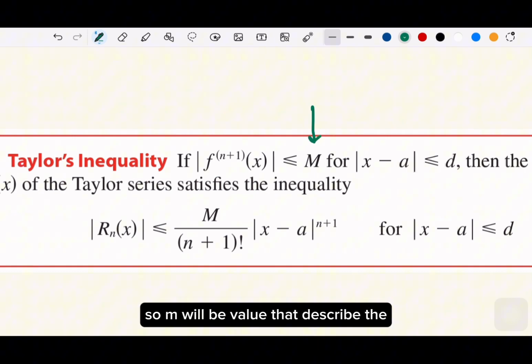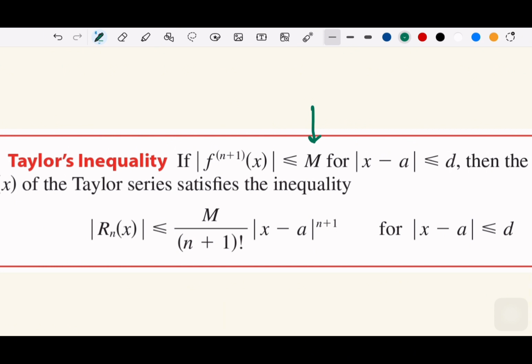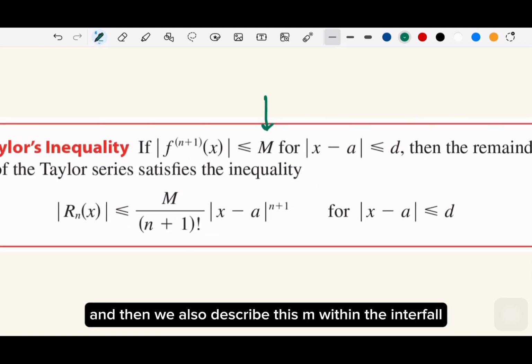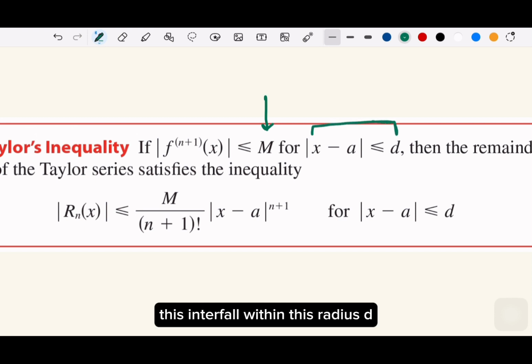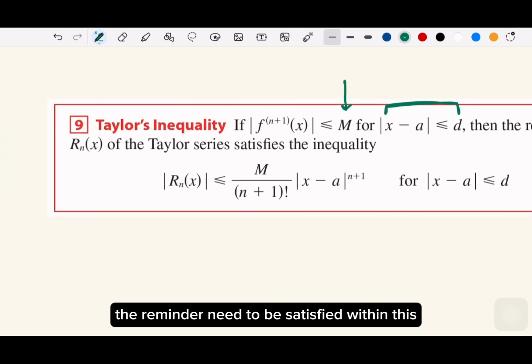M will be the value that bounds the derivative of the function. And then we also describe this M within the interval, within this radius d. We set some number d. And then the remainder needs to be satisfied within this.